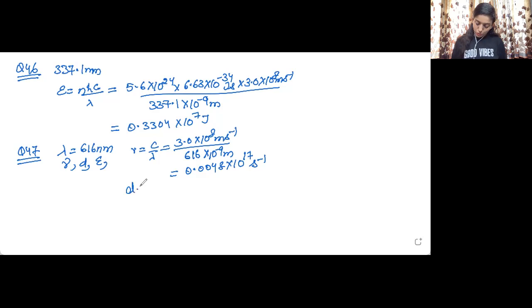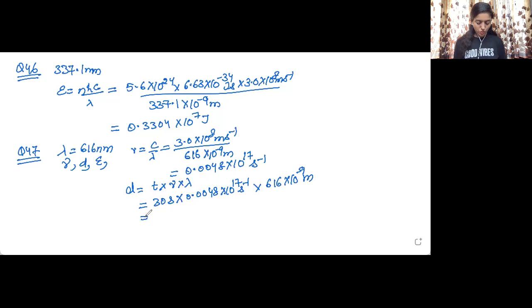So distance is equal to time into frequency into lambda, that is wavelength. So it will be equal to, time is 30 seconds, frequency is 0.0048 into 10 raised to the power 17 per second. Wavelength is 616 into 10 raised to the power minus 9 meter.